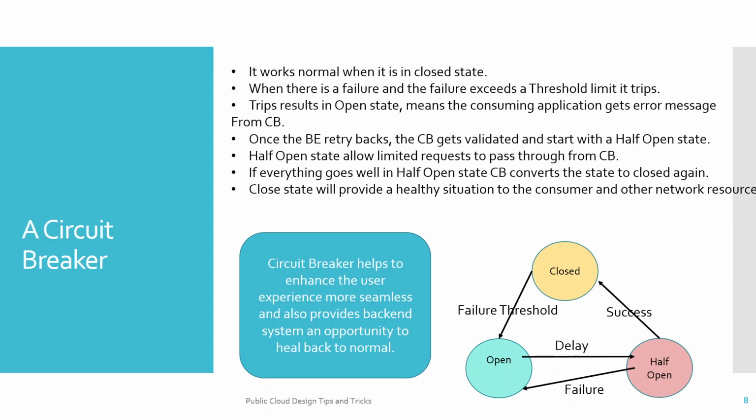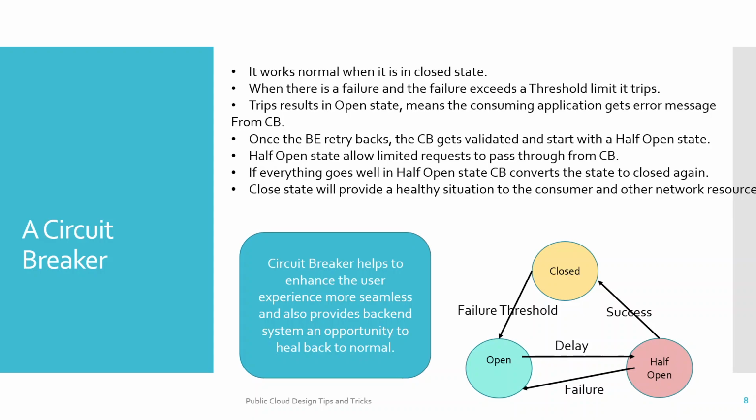Half open state allows limited requests to pass through from the circuit breaker to the backend systems. Basically, you can divide the total failure time into, let's say, time 1 and time 2.